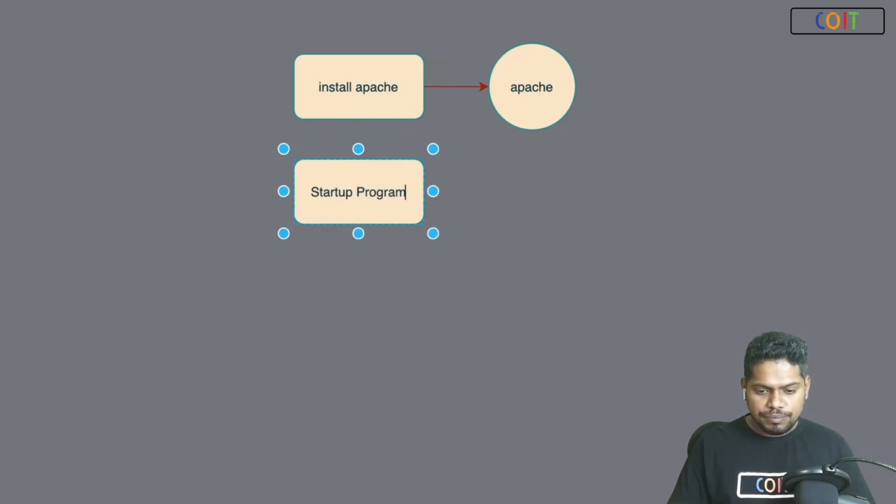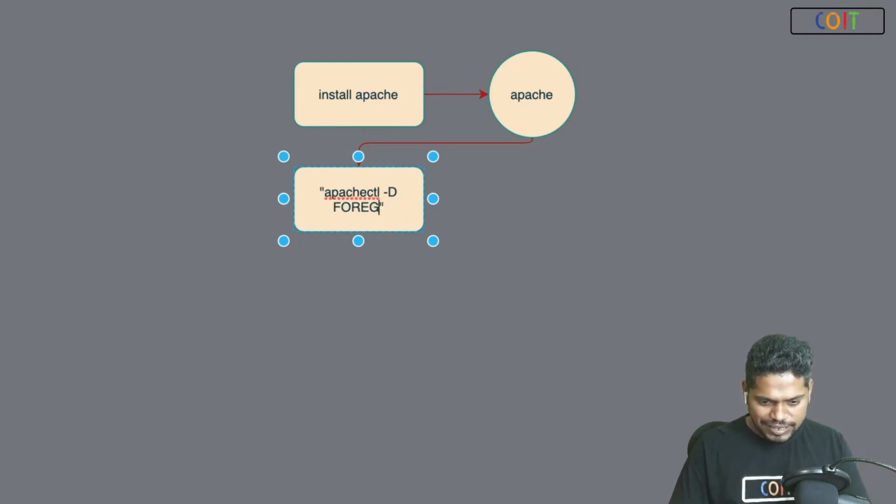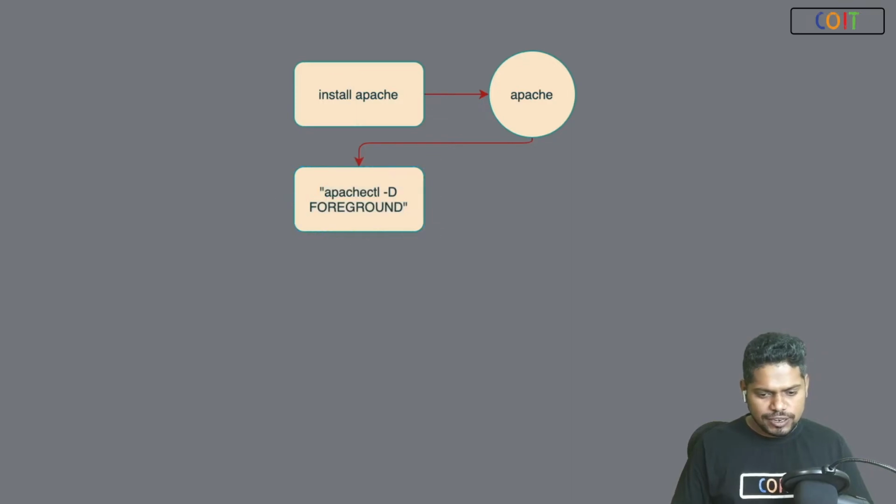You take the previous step's image and from that image you create a new container. Inside that container you set up the startup program, whatever command you want to execute. When I say set up the startup program, basically configure this command to run automatically. I'm not running it. I configure this command to run automatically inside the container. That's what I want to do.